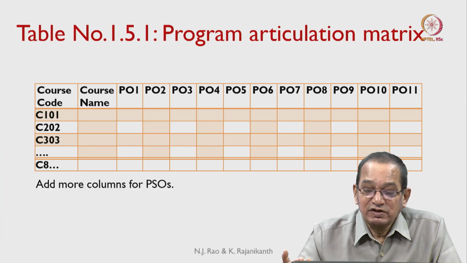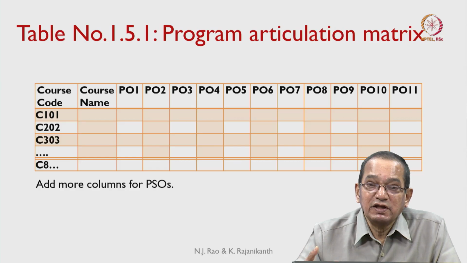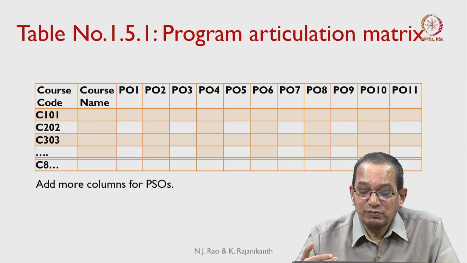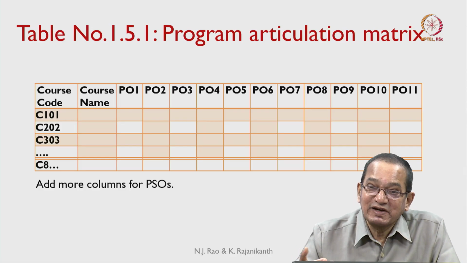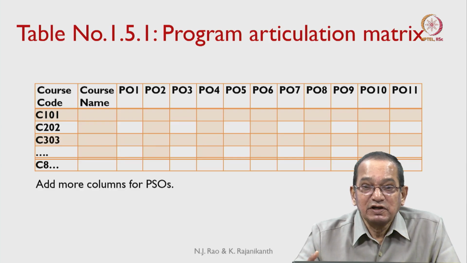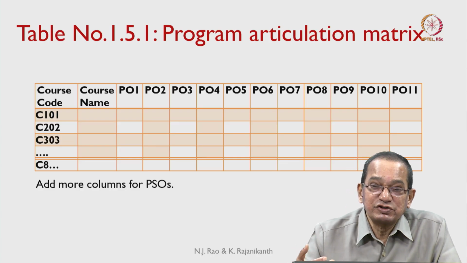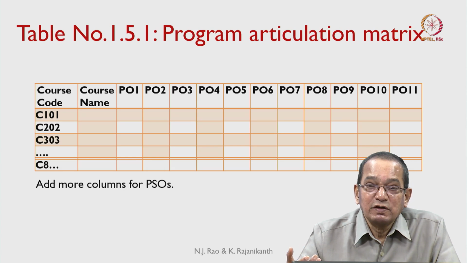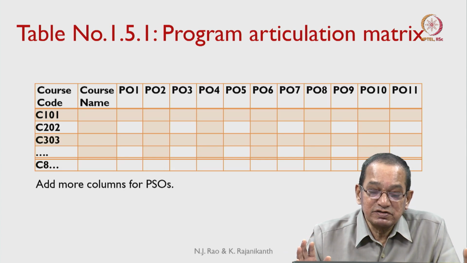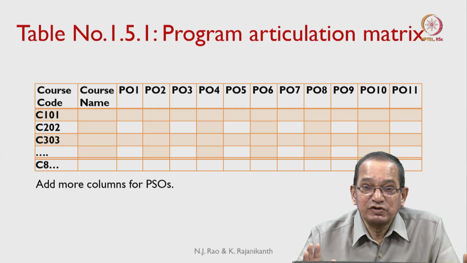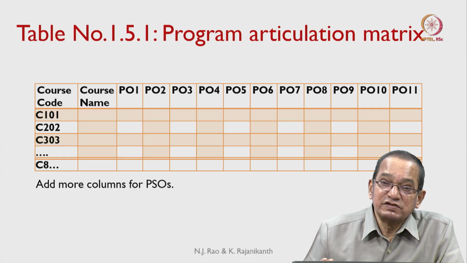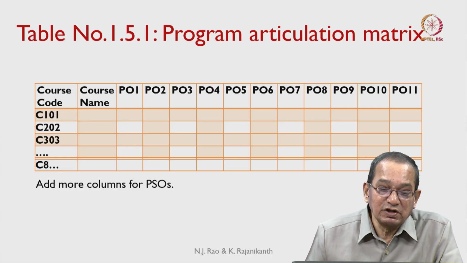As mentioned earlier, if a particular column is very sparse, if you do not find many activities which are mapping to that particular PO, like for example, PO 5, if it is not being addressed well, and if that entire column has mostly blanks, it means that we are doing nothing to teach the students about modern tool usage and design. So, it shows at a glance what is the capability of the curriculum to address the POs and PSOs, and this is to be prepared with a lot of care.